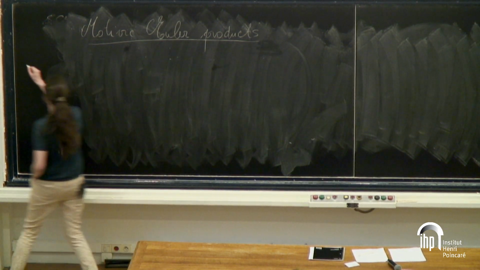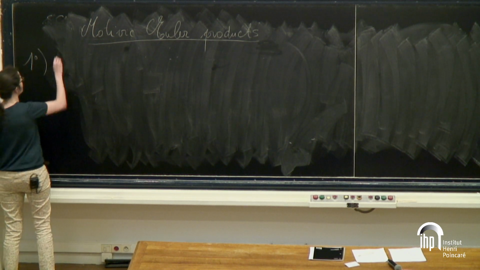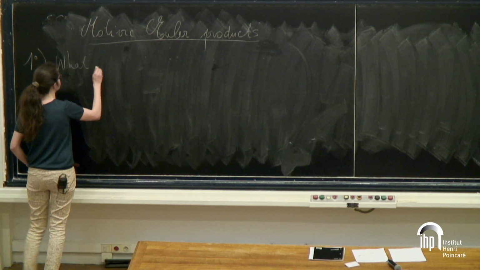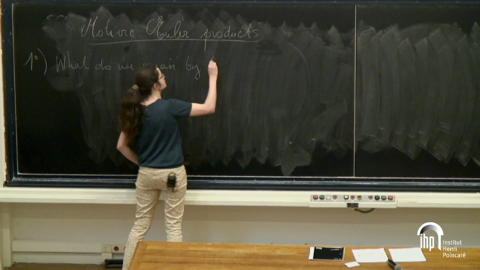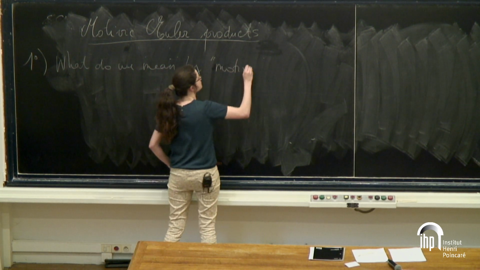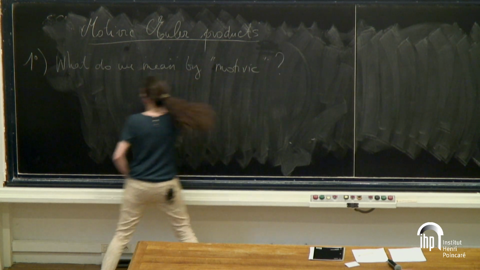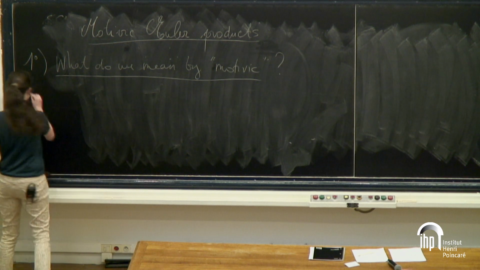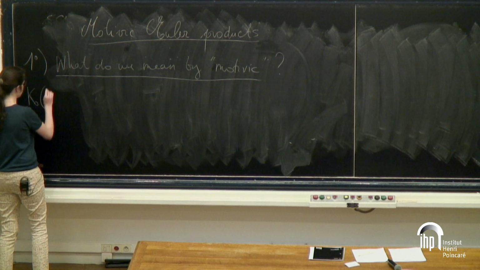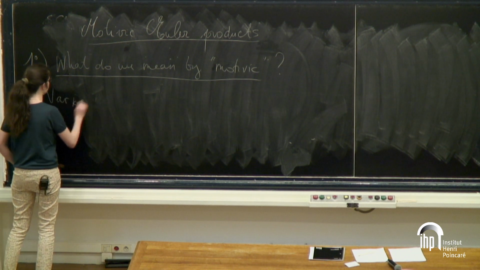The first thing I want to explain is what I mean by Motivic. When I say Motivic, I want to talk about the Grothendieck ring of varieties.